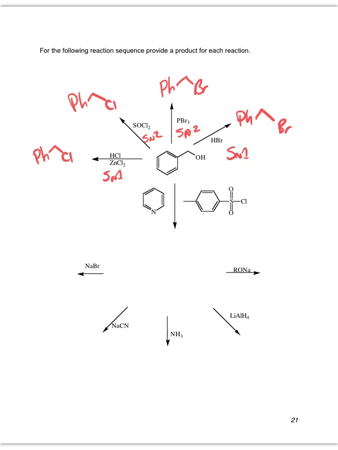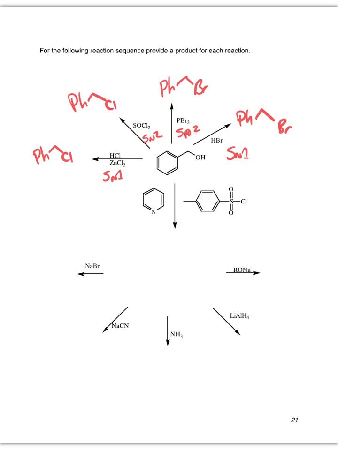So when we see these, we know that depending on what kind of alcohol we have, we can do either the SN1 type reaction or the SN2. Now, starting with benzyl alcohol, it's special in that the alcohol is on that benzylic carbon, so it can undergo either an SN1 or an SN2 reaction.